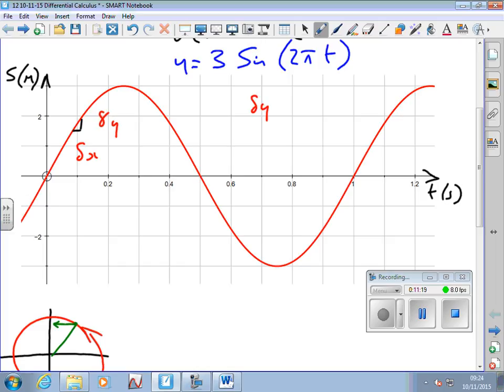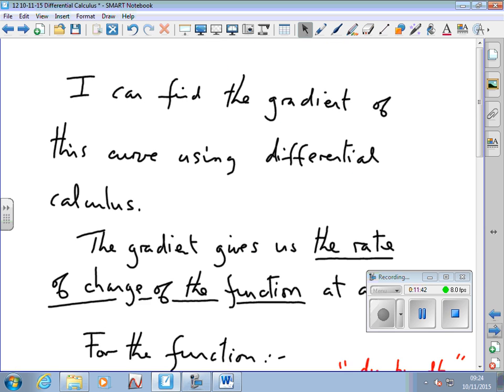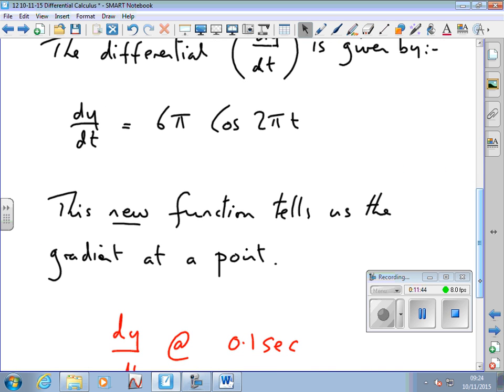And then you end up with a function that allows you to work out what that would be at 0. In other words, what's the gradient when that change is 0? An instantaneous, a point gradient, in other words. And if you do that, you end up with this function that we wrote down, this differential function here.